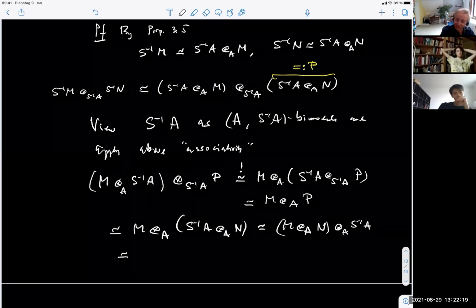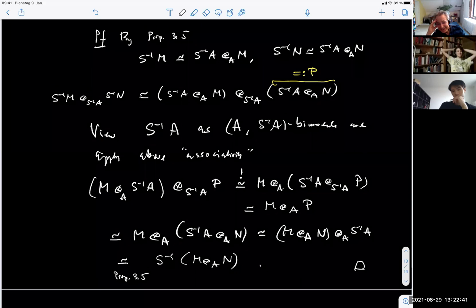So, commutativity, associativity. And then I realize this is by proposition 3.5 again, nothing. This is just a localization. Okay. And this was the proof in a way.